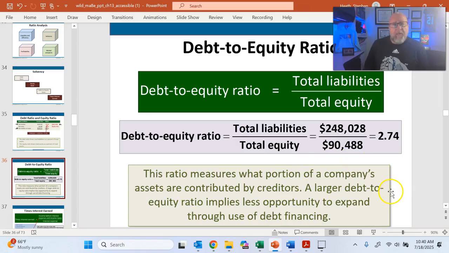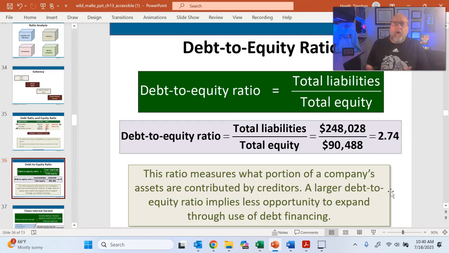A large debt to equity ratio implies less opportunity to expand through the use of debt financing. I feel like that makes pretty good sense. And again, what you'll learn in some of your finance classes is that we do want debt, right? So in our personal lives, we always view debt as being kind of a negative, but in business, debt is actually a positive.